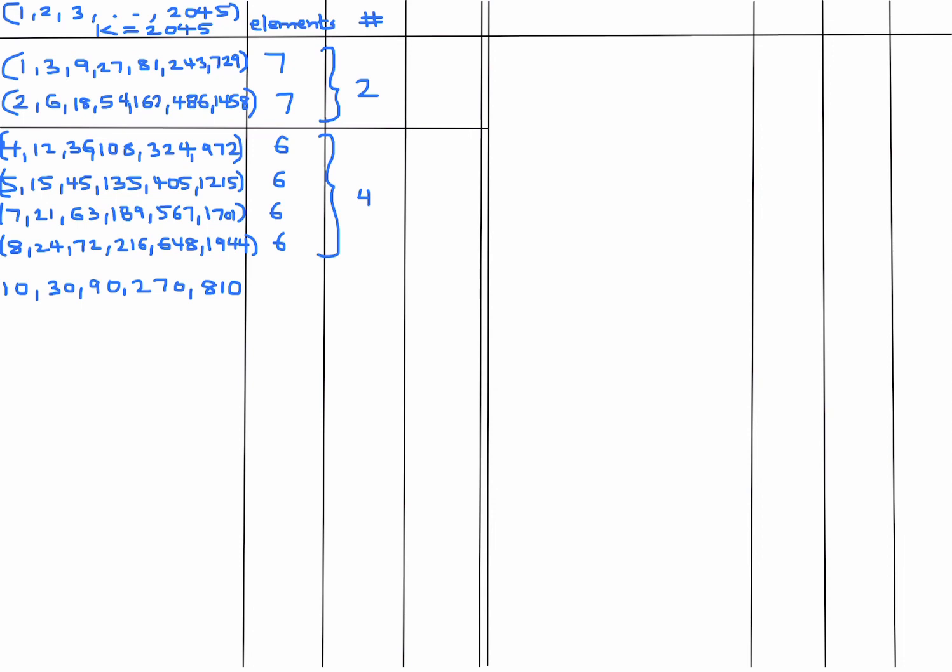And as you continue to make this list, you find out quickly that you only have 4 that have 6 elements in it. The next ones have 5 elements. And then you just continue to make this list, dot, dot, dot, like that. And then you'll get to 25, 75, 225, 675, and then 2025. This will be the last one of 5 elements.